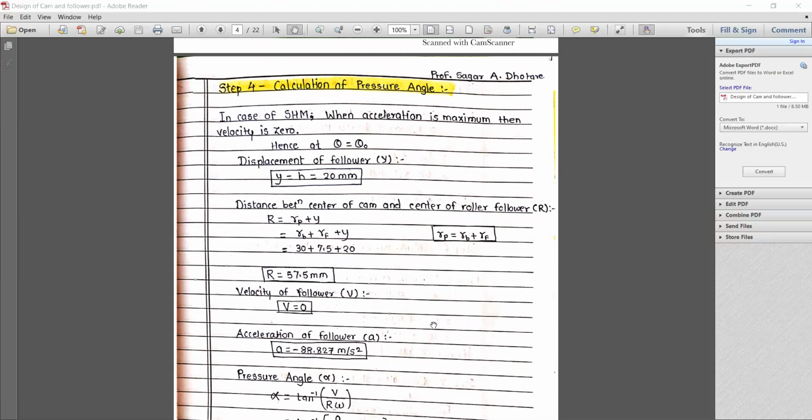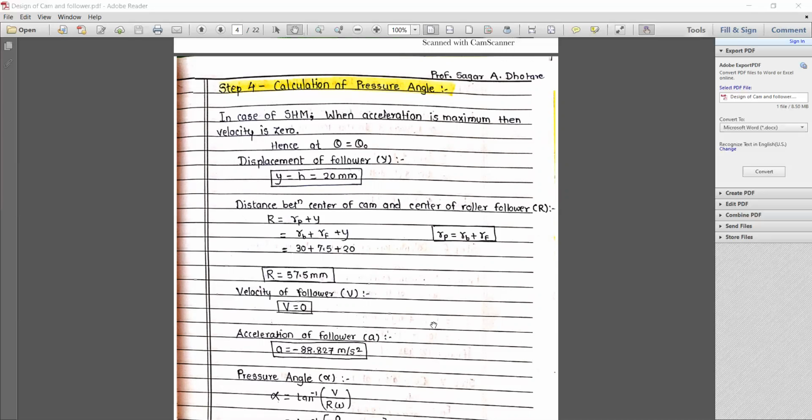The distance between the center of the cam and the center of the roller follower is denoted by capital R. That capital R is nothing but the radius rp plus y, where rp is equal to rb plus rf, that is base circle radius plus roller follower radius. So by addition of that, you get the radius to the center of the cam.